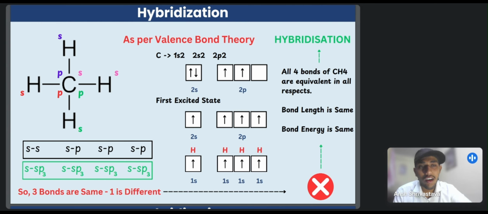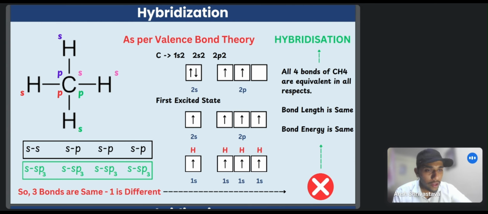Initially its electronic configuration is 1s2, 2s2, 2p2, but to form bonds with 4 hydrogen, it needs to go to the first excited state with 2s1 and 2p3 configuration. Now since it has 4 unpaired electrons, it can create bonds with 4 hydrogen atoms.